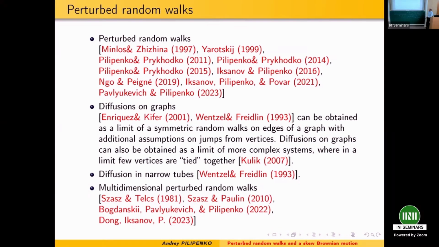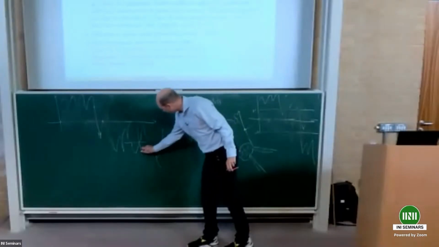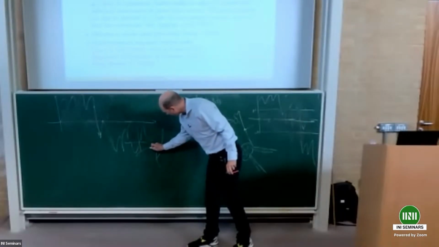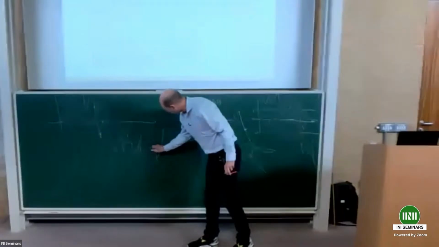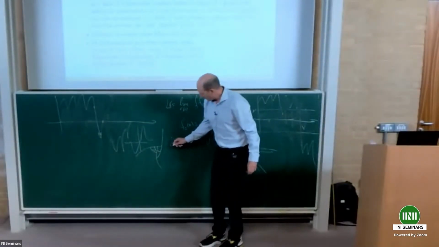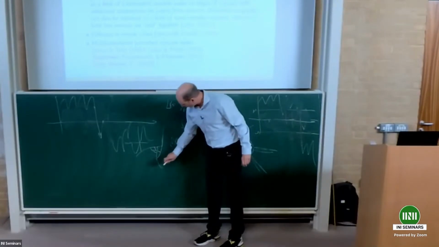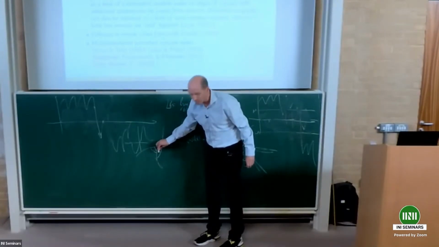This paper by Alexei Kulik considers the following problem. Assume that you have a diffusion on a graph with many rods. Maybe here Brownian motion, but some rules here.